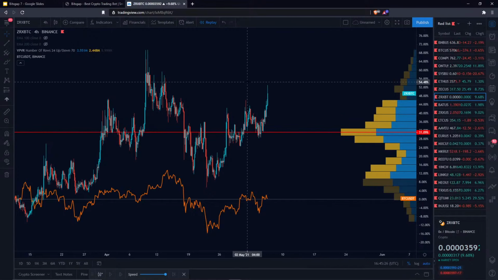Okay, so there are different techniques that you can use to rationalize your trading strategies. For me, I use the volume profile, and resistance and support lines.